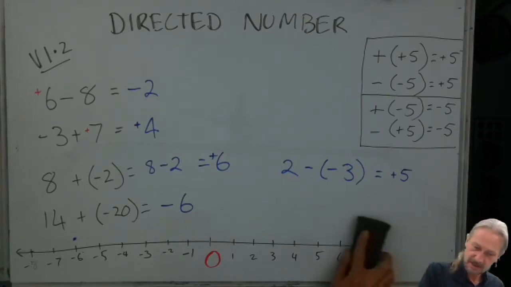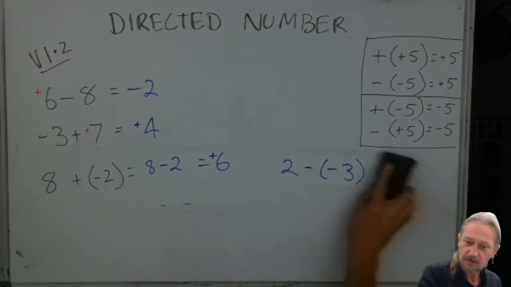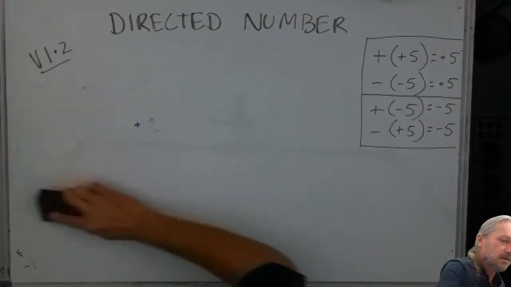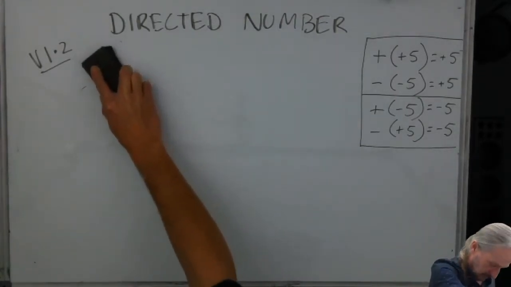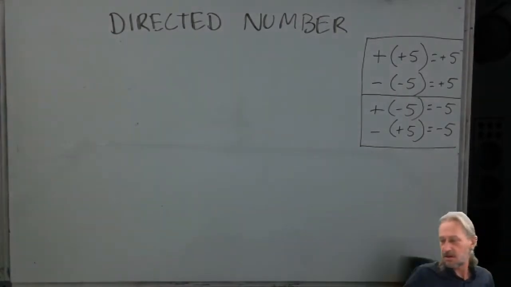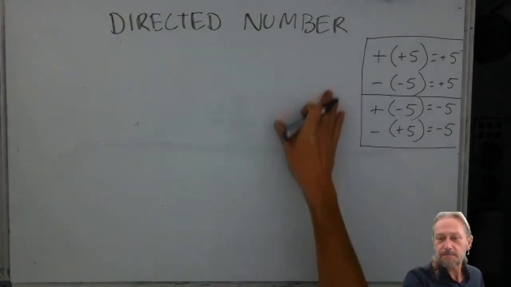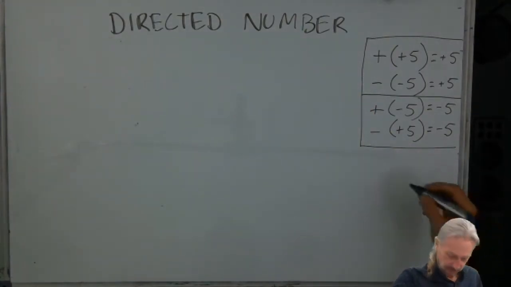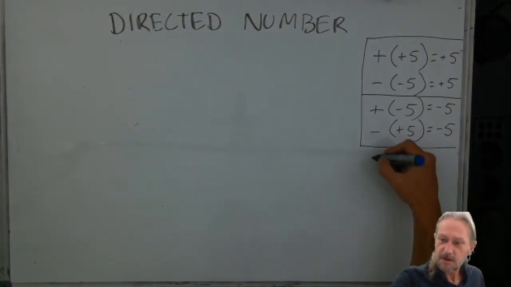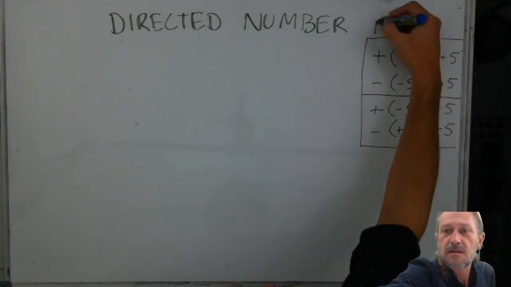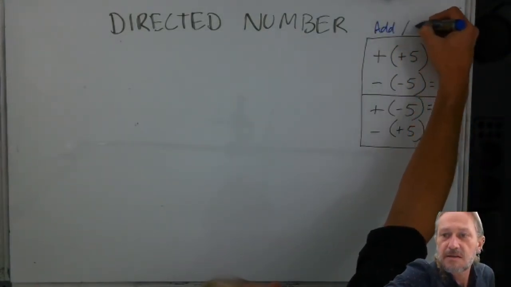So we'll get rid of this number line. Get rid of these. So I'll write the rules here. It's kind of similar. So this is for multiplying. So this is add and subtract.